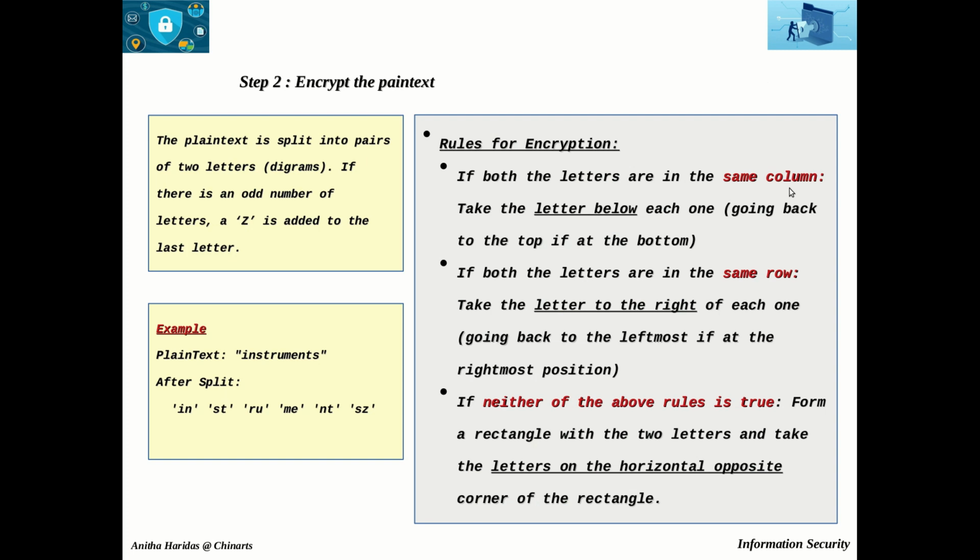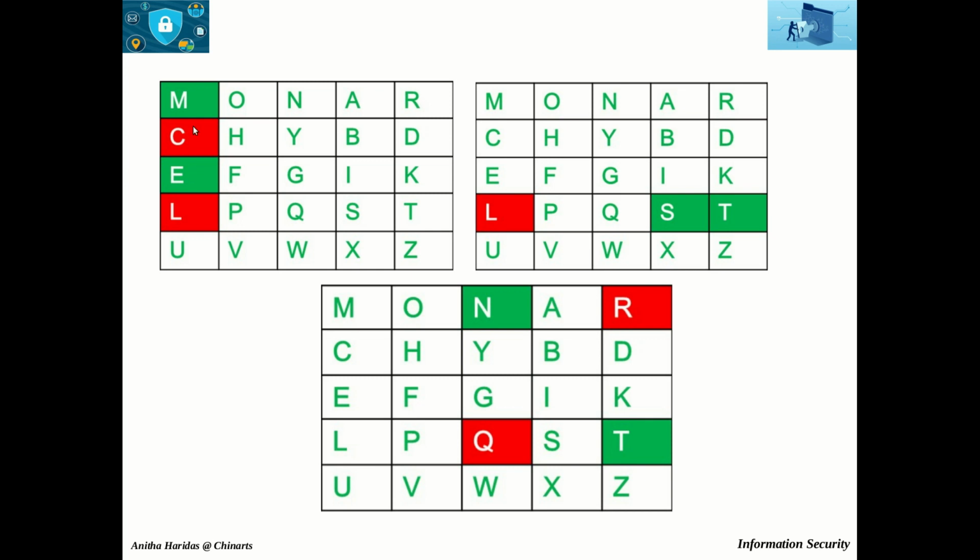So if it is in the same column, what do we have to do? We have to take the letter below each one. So C is below M, so M will be replaced by C. L is below E, so E will be replaced by L.